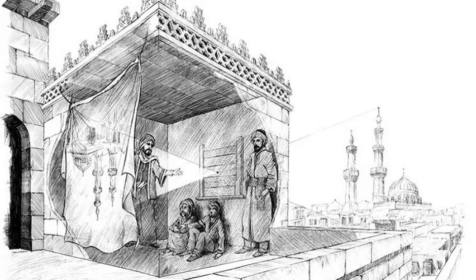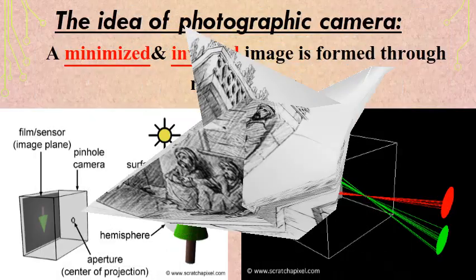You can see clearly here that the image of the mosque is inverted or upside down. Also, it's minimized or small. From here, he concluded that the images formed through narrow holes or pinholes are always inverted and minimized. And this phenomenon happens because light travels in straight lines.